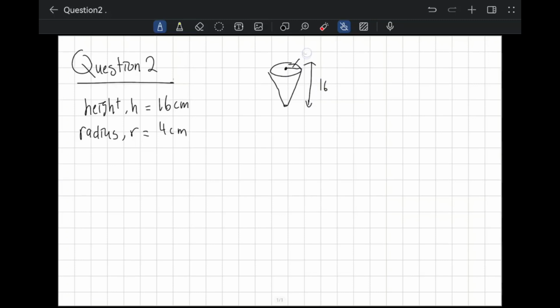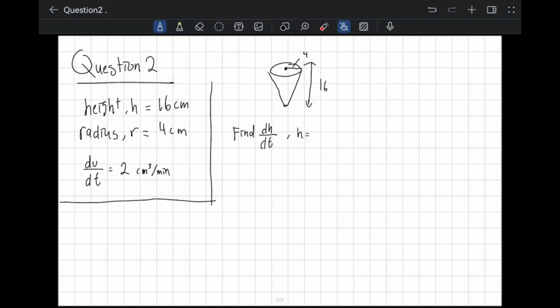From the question, we know that the height of the cone is 16 cm and the radius is 4 cm. We also know that dV over dt is 2 cm cubed per minute, and we need to find dh over dt when h is 8 cm.